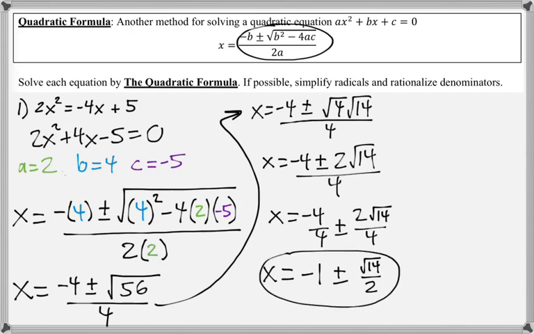If you wanted to write out both solutions separately, it would be -1 plus square root of 14 over 2 and -1 minus square root of 14 over 2. So there's really no way that we could get this answer with factoring. So the quadratic formula is definitely a good tool here.